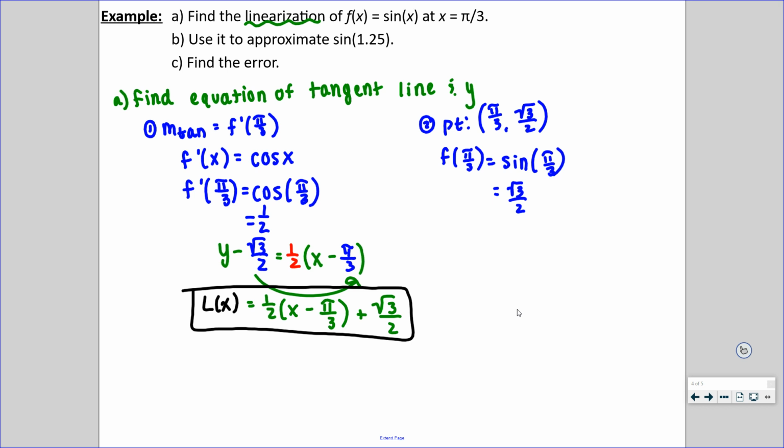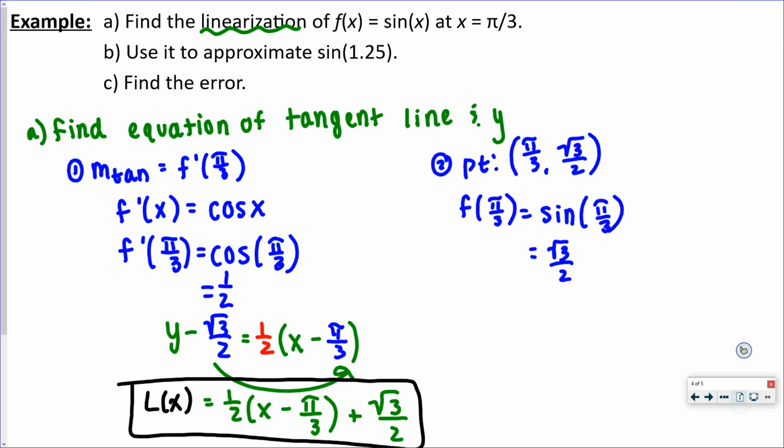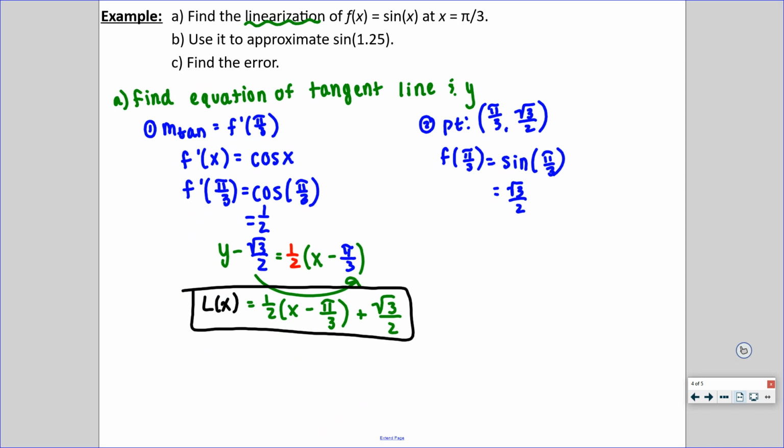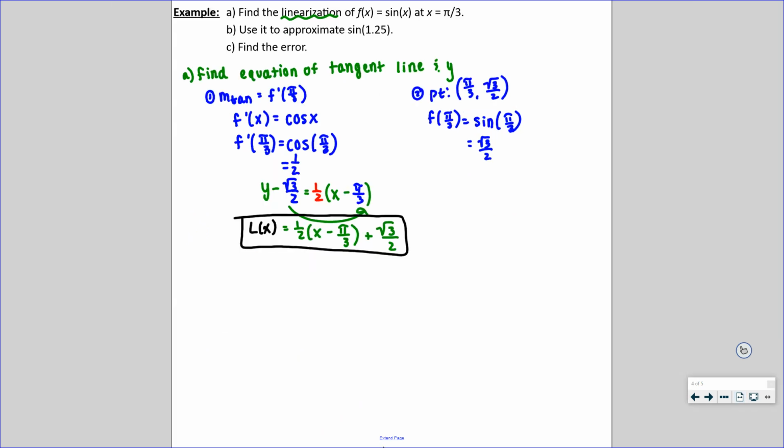Okay, so we started this problem by finding the linearization of the sine curve at pi over 3. Now we're going to use it to approximate the sine of 1.25. So that's part B here.